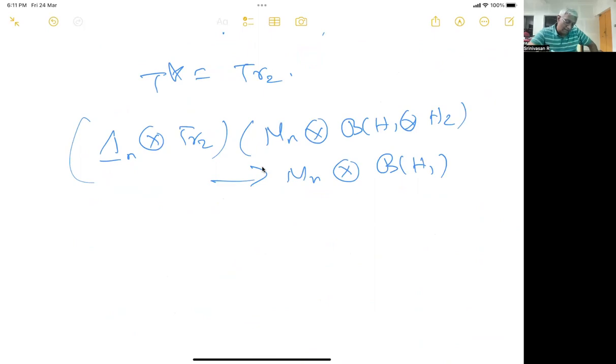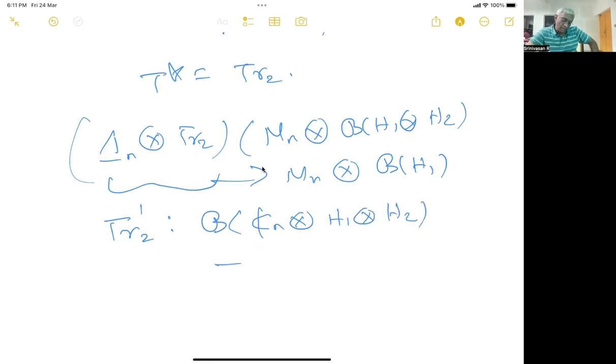This is a trace 2 map, maybe a map from B of Cn tensor H1 tensor H2 to B of Cn tensor H1. It's just a different trace 2, again a partial trace only, but on a different space. So this is positive. This is completely positive.